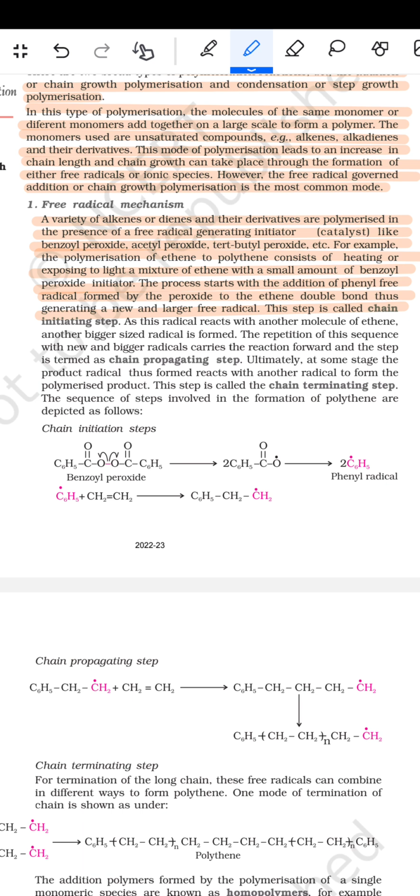This step is called a chain initiating step. As this radical reacts with another molecule of ethene, another bigger radical is formed. The repetition of this sequence with new and bigger radicals carries the reaction forward, and the step is termed a chain propagating step. Ultimately, at some stage, the product radical thus formed reacts with another radical to form the polymerized product. This step is called a chain terminating step.